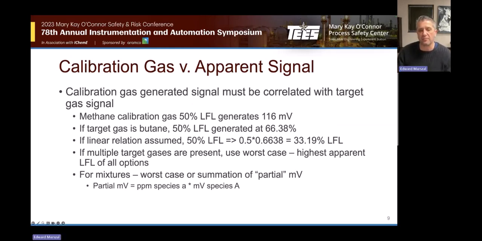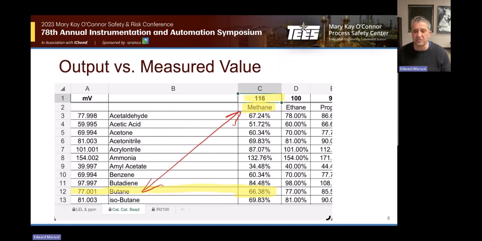So what we saw on the previous slide is that if methane is our calibration gas, it's going to generate a 50% LFL signal at 116 millivolts. So 116 millivolts, again, I cannot stress this enough, don't use this information. Go to your equipment vendor, because it changes not just on vendor, but also make and model of device.